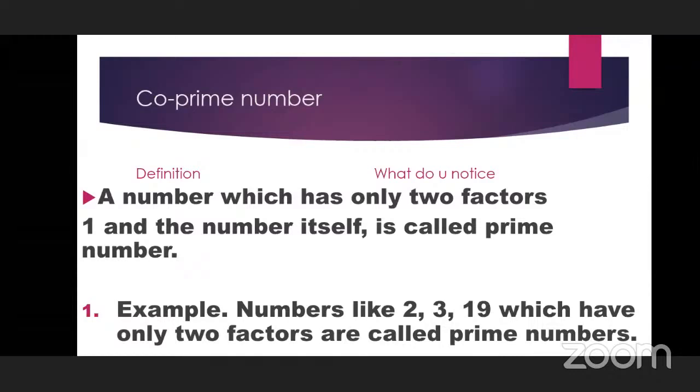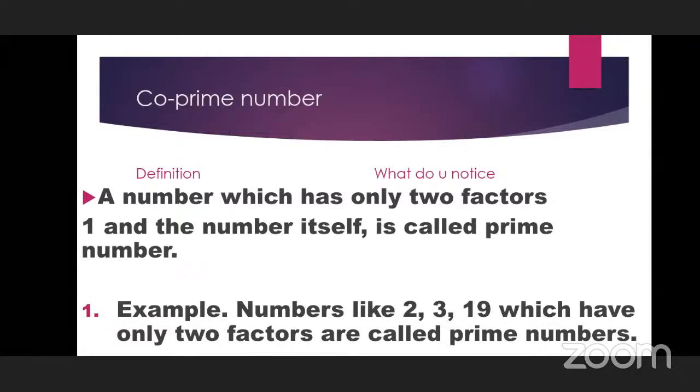A number which has only two factors, 1 and the number itself, is called a prime number. Just now we found the factors of some given numbers, and we found that some numbers have only two factors, 1 and the number itself, so they are prime numbers. Examples: numbers like 2, 3, 19, which have only two factors, are called prime numbers.